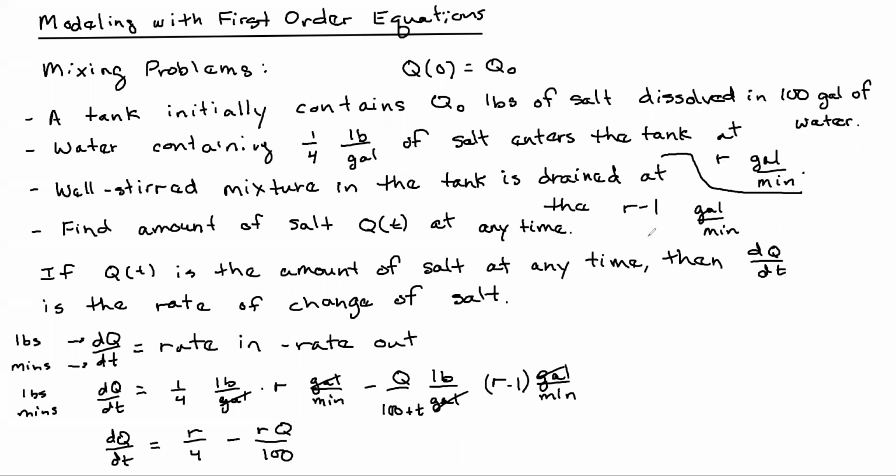So it's something to keep in mind when solving mixing problems: if the rates differ, then it's not as simple as just putting the one quantity here and the other quantity here. For example, if this were 3 and this were 2, it's not as simple as putting 3 here and 2 here. You also have to adjust the number of gallons that you're using in your concentration for what's currently in the tank.